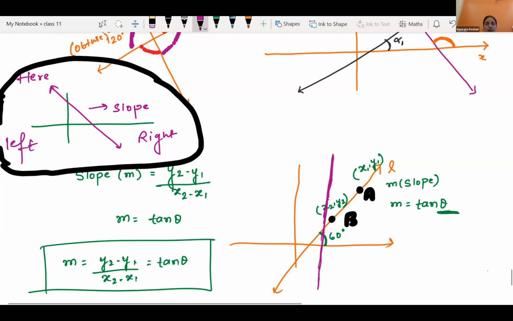Just a moment. Let me take an example on the graph paper. Then you will understand in a better way.